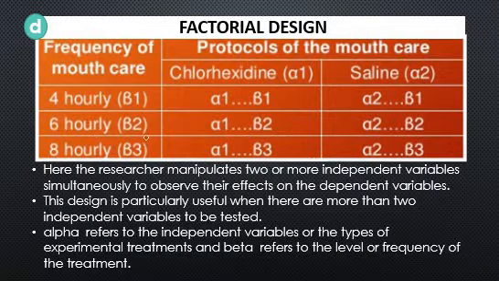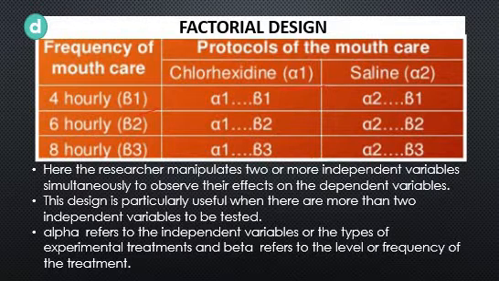This design also facilitates the testing of several hypotheses at a single time, and a typical factorial design incorporates 2 by 2 or 2 by 3 factorials, but it can be any kind of combination. The first number, alpha, refers to the independent variable or the type of experimental treatment, and the second number, beta, refers to a level of frequency in the treatment.